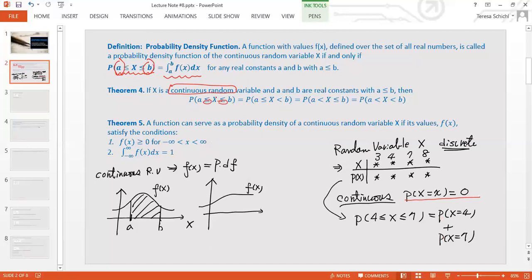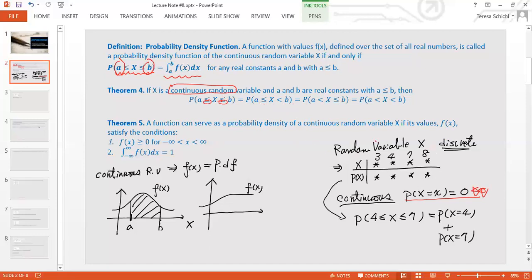It's not going to make a difference. So the probability of x greater than or equal to A and less than or equal to B equals the probability of x greater than or equal to A and less than B. That's fine. This is a very key thing we need to remember.